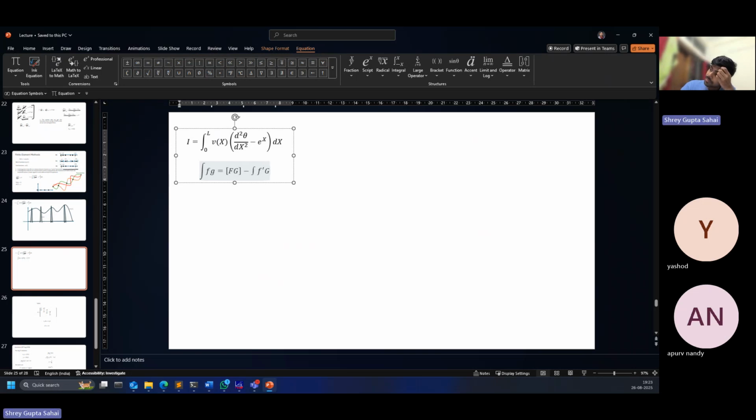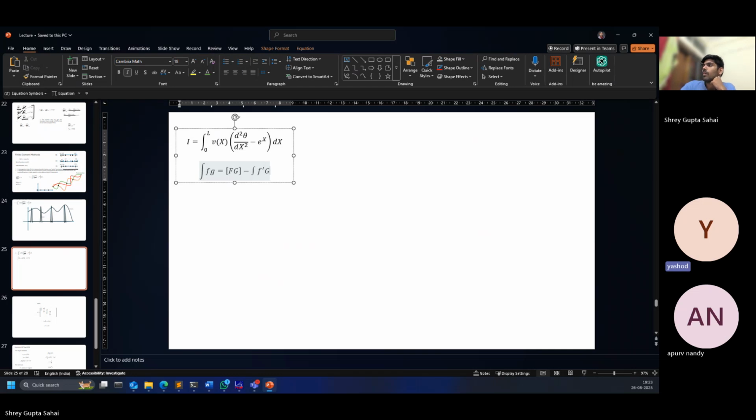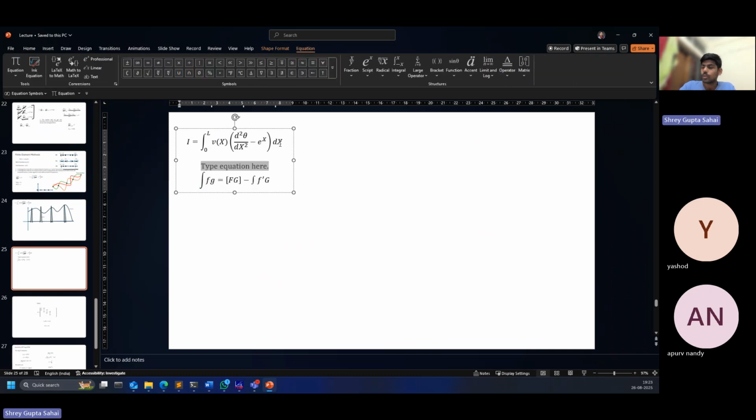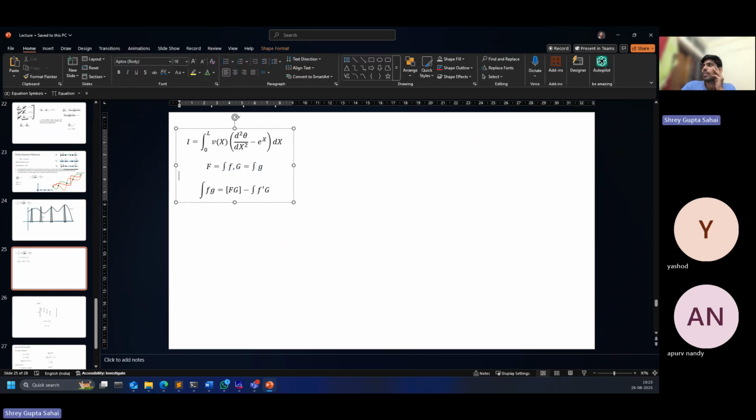Is this okay or no? No, okay, f prime into integral g. I think it should be fine. So f is integral f, and g is integral g. Does anybody know how I can quickly see if this is right or wrong?